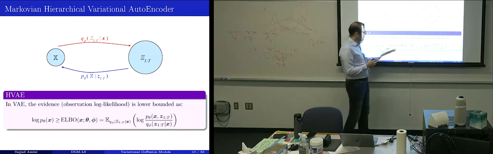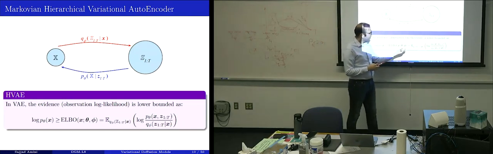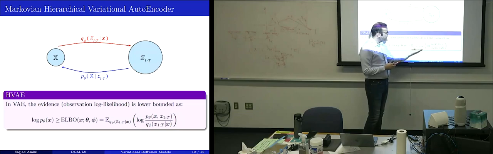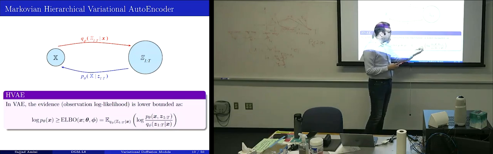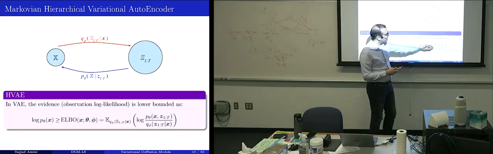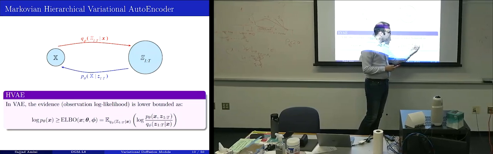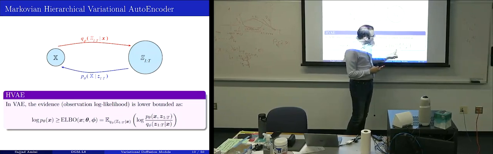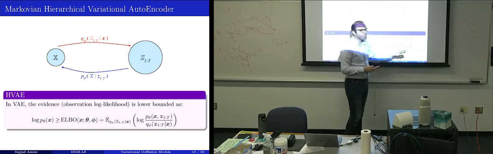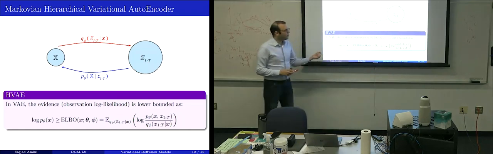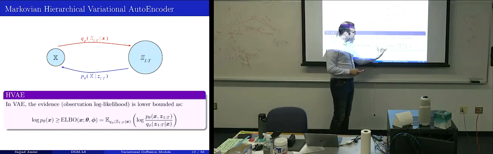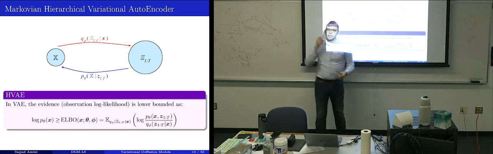So nothing changed, because you have the ELBO and an approximate distribution over all the vectors given what you observe, and this is exactly the ratio of the joint of what you observe and the complete latent space, over the approximate posterior. We just replace in the ELBO the approximate posterior with q phi of z1 to t given x.